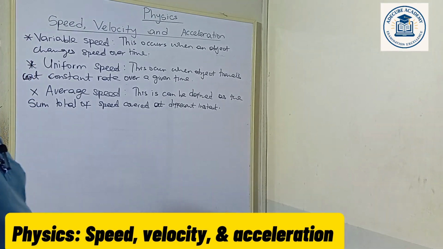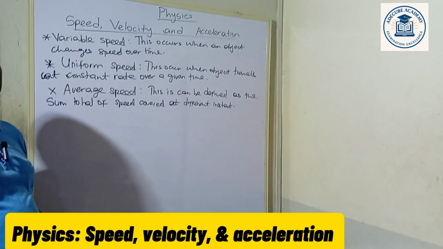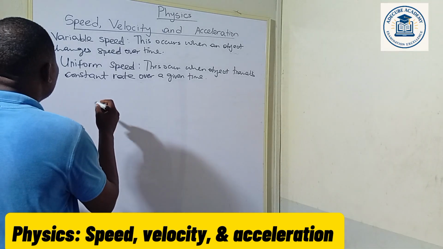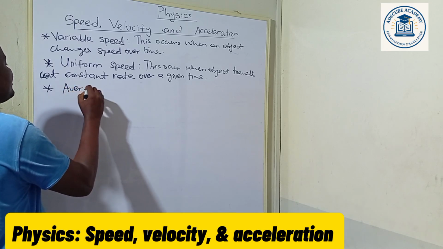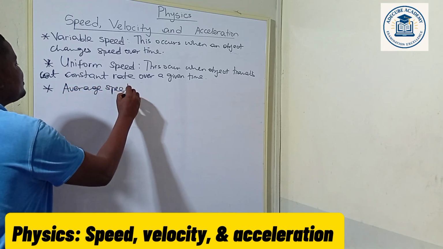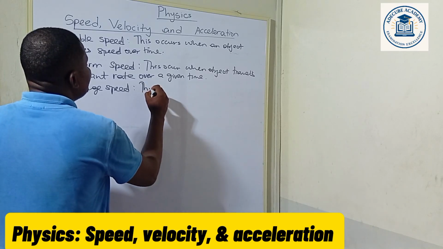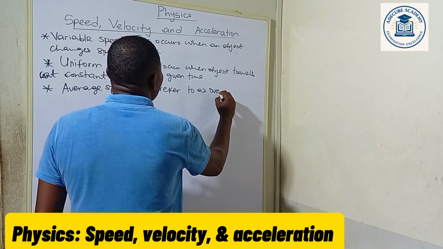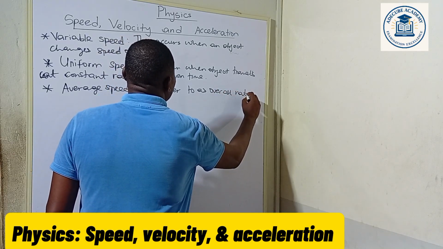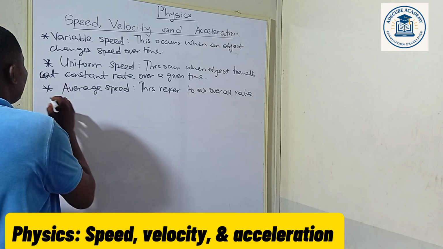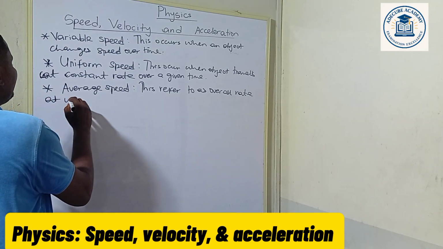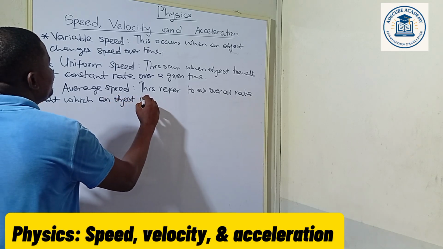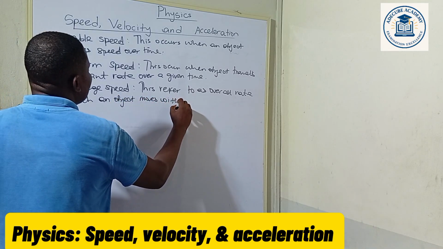Now, as a driver, the fourth type of speed we're looking at is average speed. This refers to the overall rate at which an object moves with time.